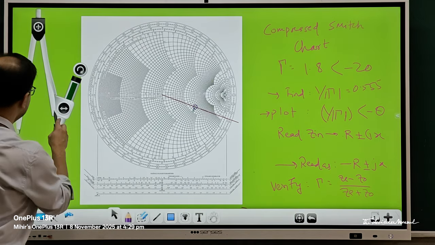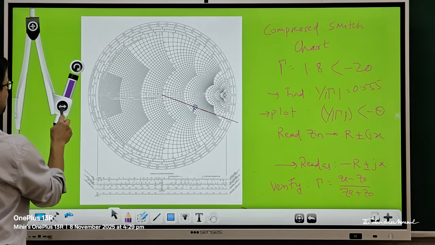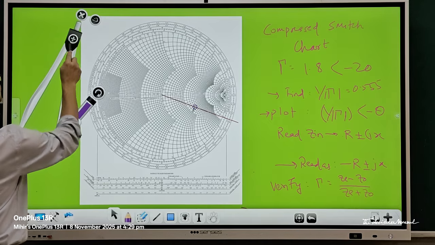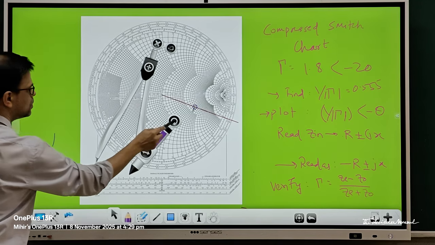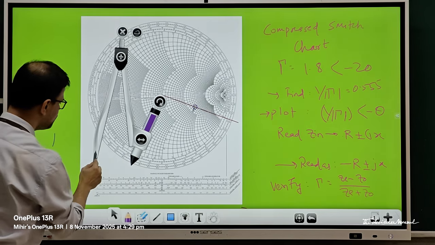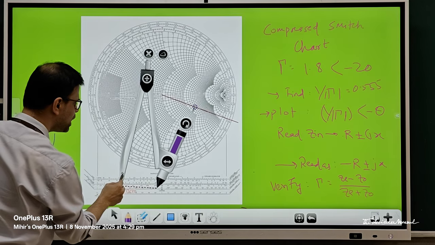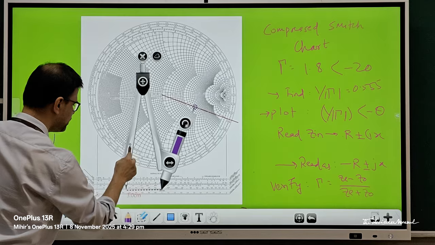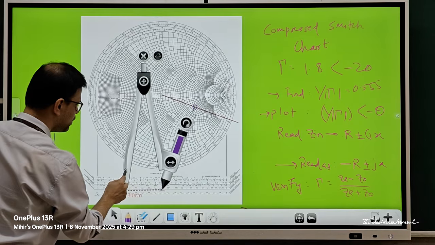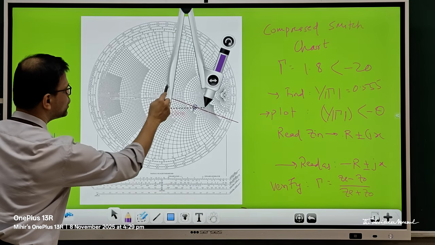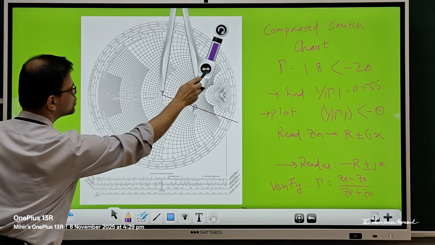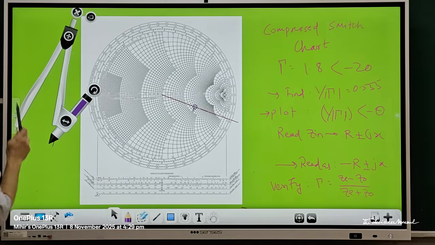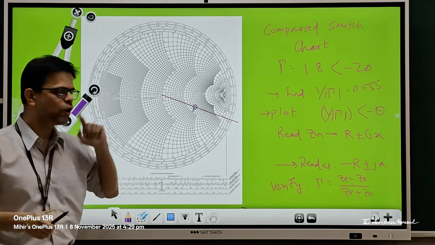You can go down and mark that point, take it over here, and correspondingly mark that point over here.